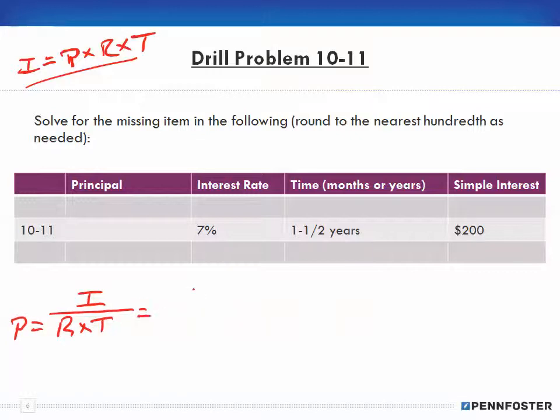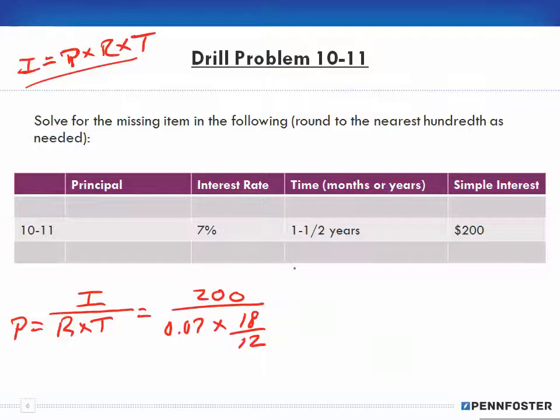In this case, our interest is $200, our rate is 7%, so 0.07, and that's times our time. 1.5 years is 18 months, so I can make that 18 months over 12 to keep it annually.